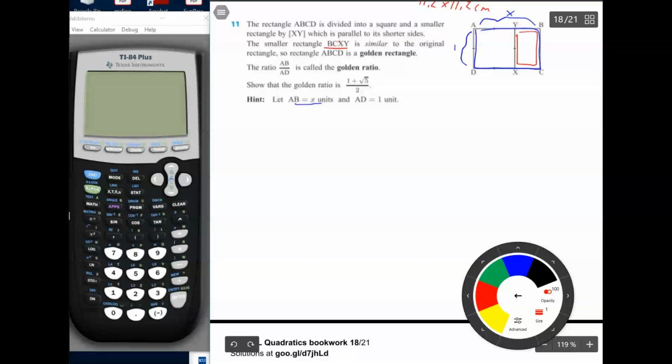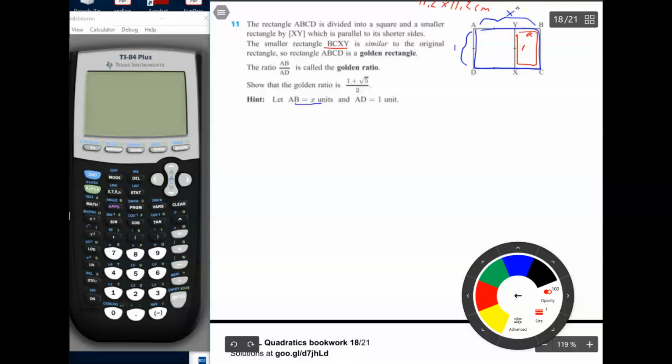Okay? So if we say that this blue rectangle is the same proportion as this red rectangle, then, oh look, this dimension of the red rectangle is also 1, right? Because it's the same length as the blue one. And there is an unknown length here. We'll call it A. But do you see how A is related to both 1 and x?